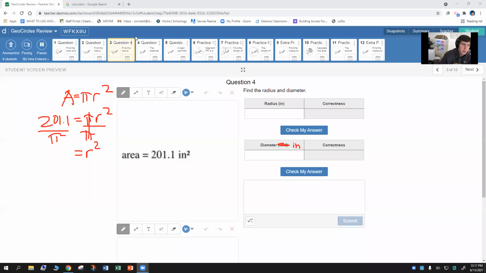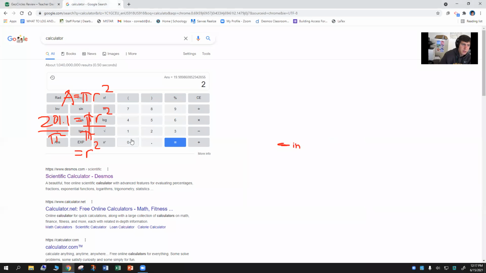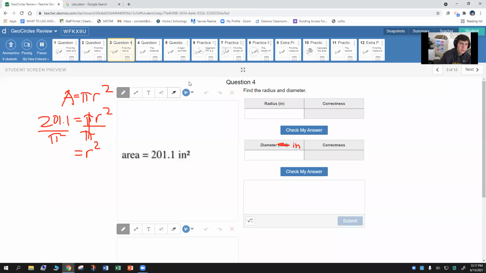So 201.1 divided by pi is 64.01. Let's just round that to 64. Then we take the square root of both sides and we get r equals 8. If the radius is 8, the diameter is going to be 16.